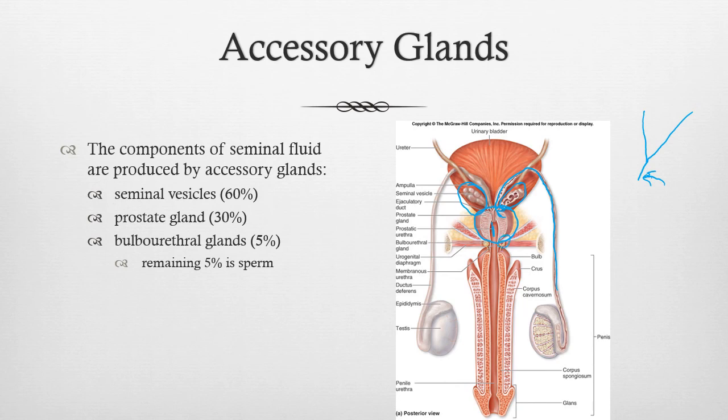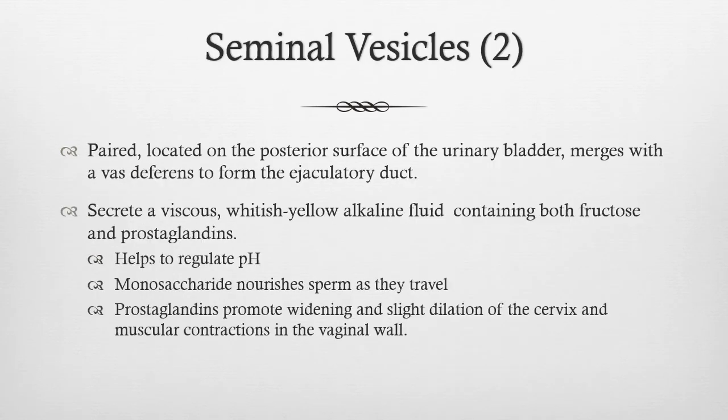The bulbourethral glands produce a small amount, but they have been working to cleanse the urethra before ejaculation has occurred, to get it going out of the spongy urethra from the beginning, and that allows things to be cleansed out beforehand. And then the remainder is the actual sperm cells themselves.